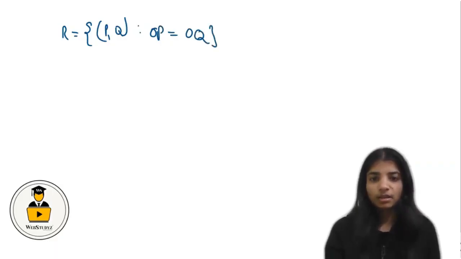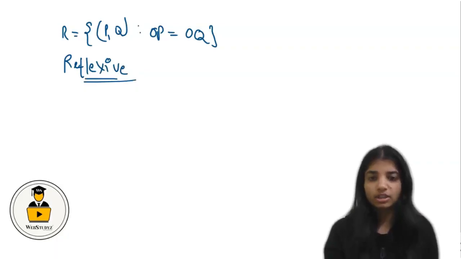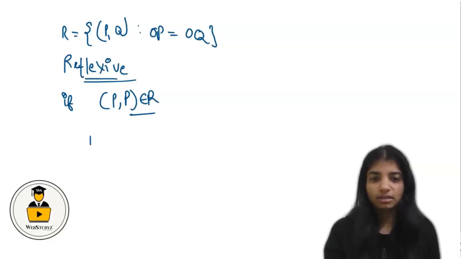Now we are going to check the equivalence of the relation, starting with reflexivity. If (P, P) belongs to R, then we can say that the relation is reflexive. The distance of point P from the origin equals the distance of point P from the origin.